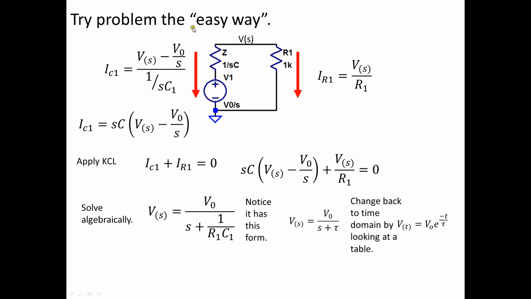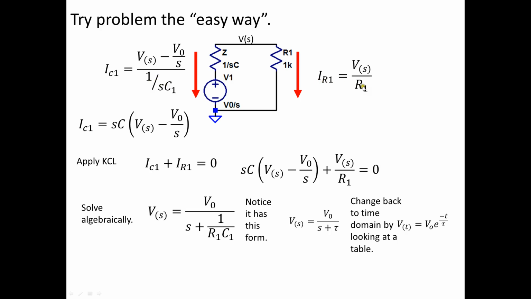So we can go back to solve our RC circuit. Instead of R, I'm calling this Z. So I have V(s), and the current through this capacitive node is V(s) minus V naught over s. Simple. This voltage minus that voltage, divided by the resistance, or the effective resistance.